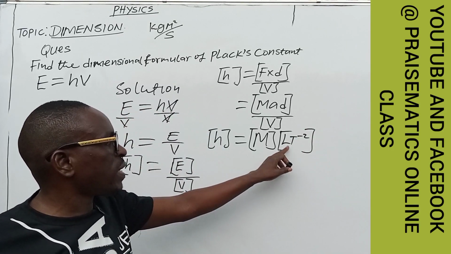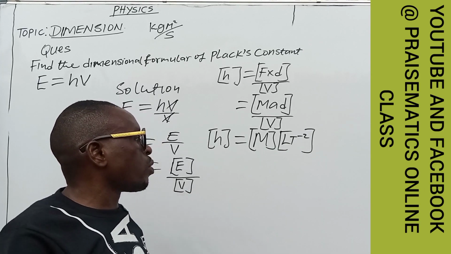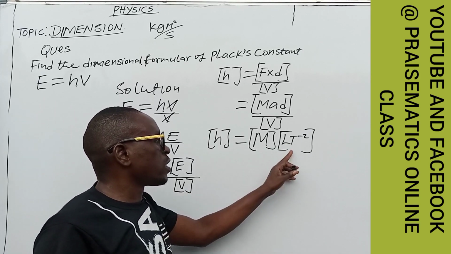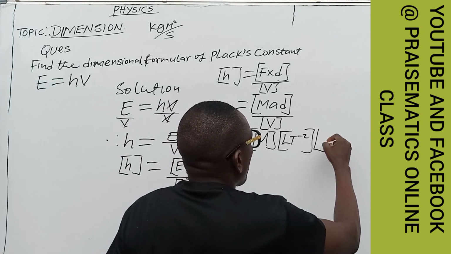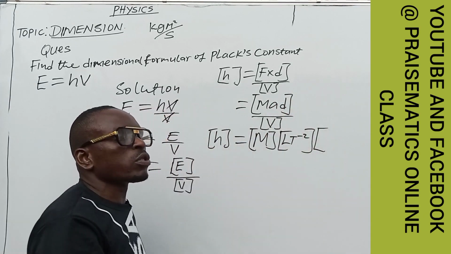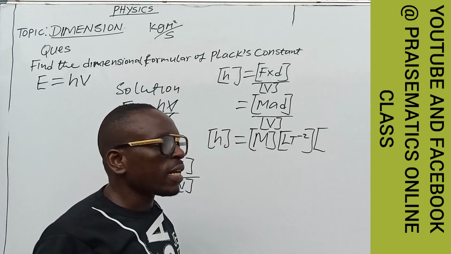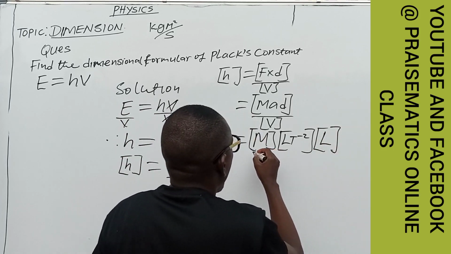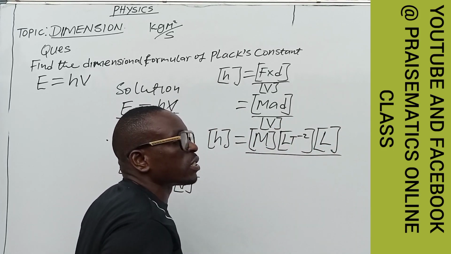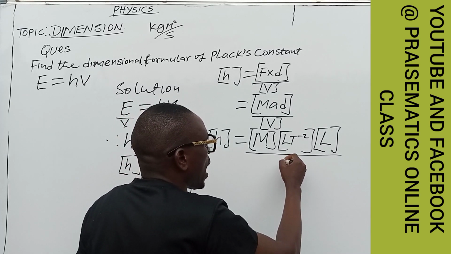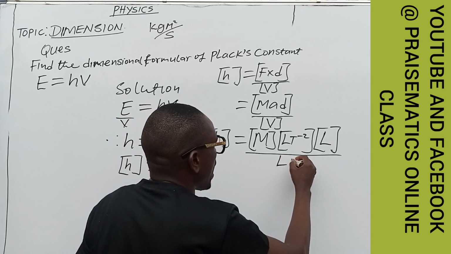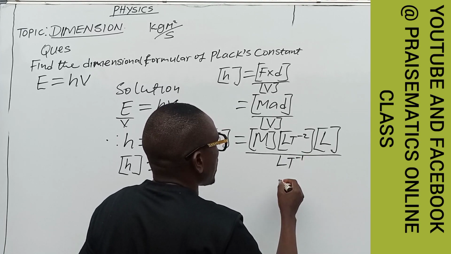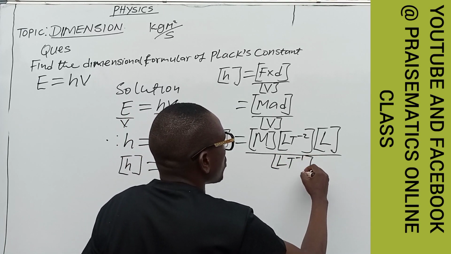The dimension of acceleration is L over t squared, multiplied by the dimension of distance, and the dimension of distance is L, all over the dimension of velocity. Velocity is L over t, which is the same thing as Lt^-1.